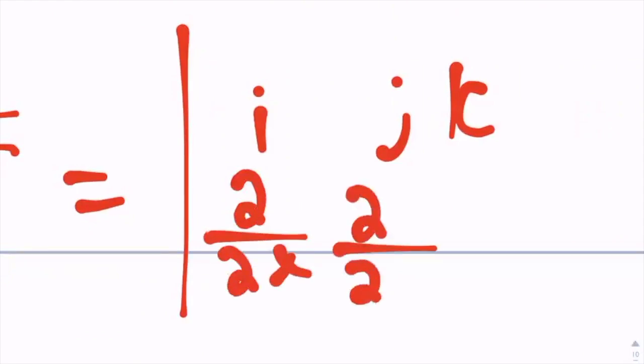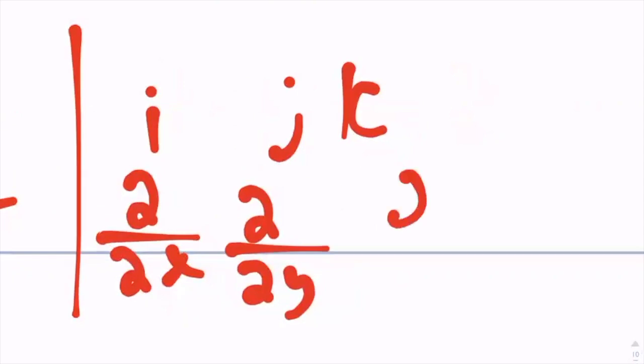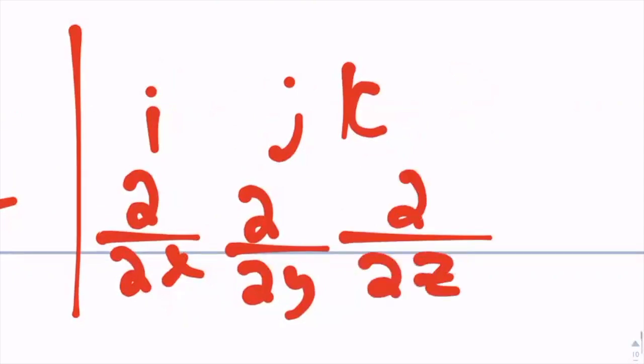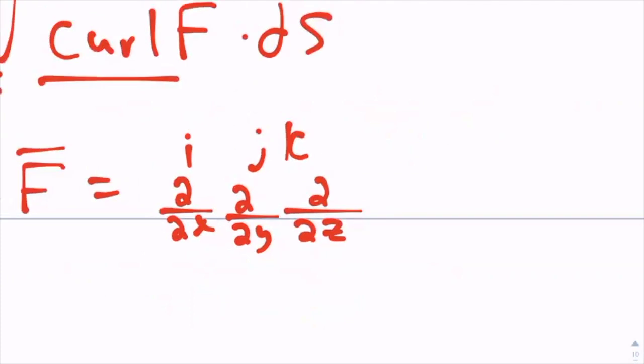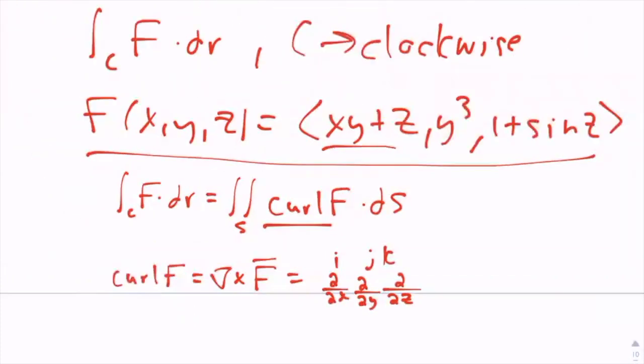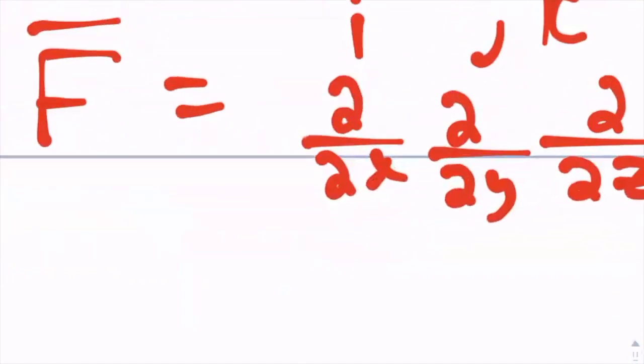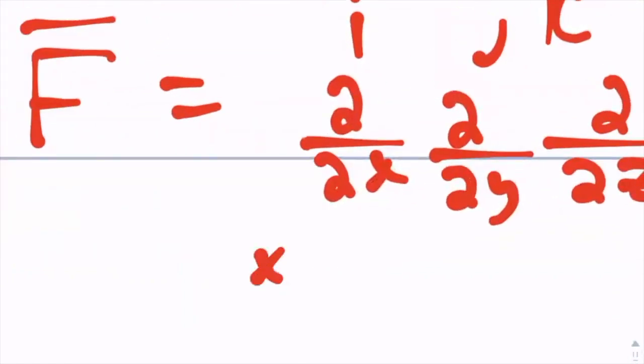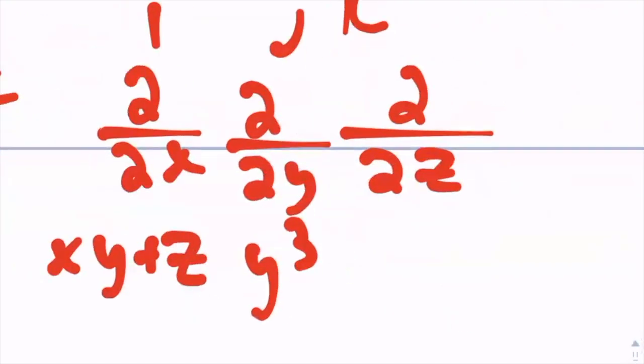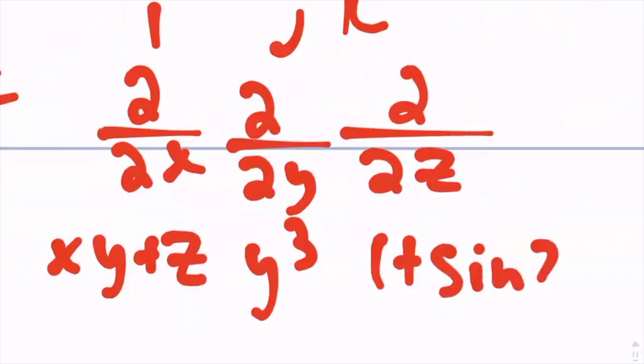We already know our P, Q, and R values from our given F. Okay, so P is xy plus z, Q is y cubed, and R is 1 plus sine z.